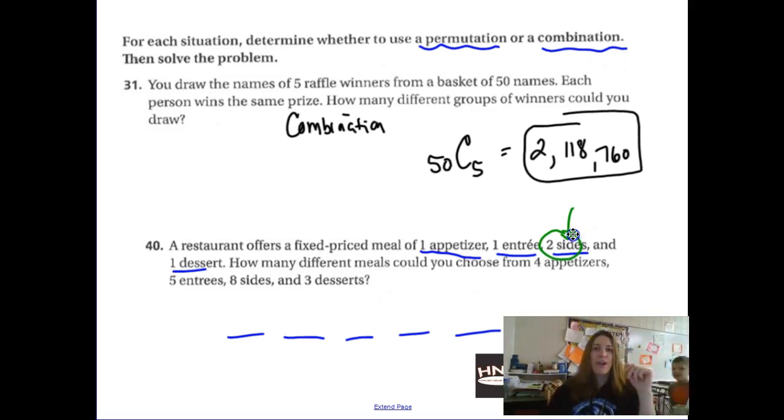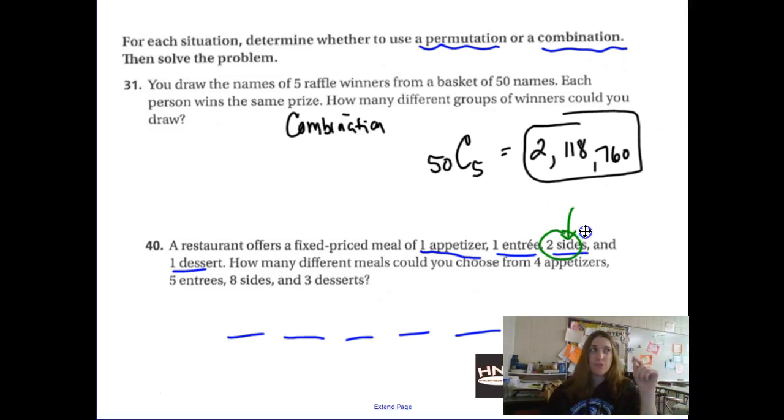Broccoli's good for you. The problem is that kind of messes up our formula here. So just for simplicity's sake, let's say that I can't choose 2 of the same sides, because that actually makes everything kind of easier.